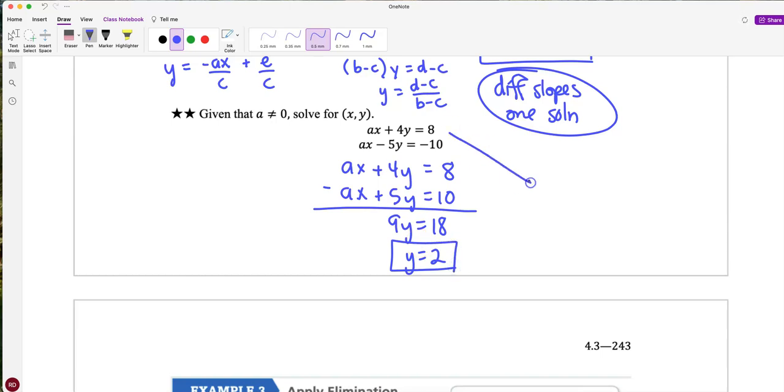Go back to the first equation. So ax plus 4 times 2 equals 8. So ax plus 8 equals 8. Ax equals 0. If a is not 0, then x has to be 0. So x is equal to 0.